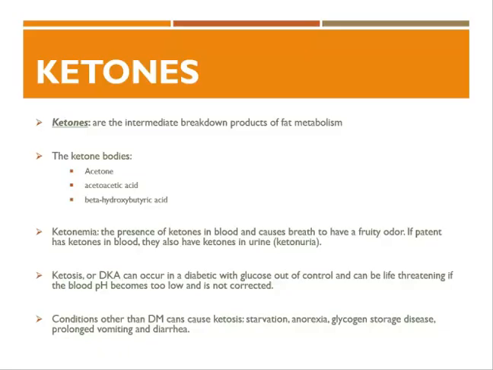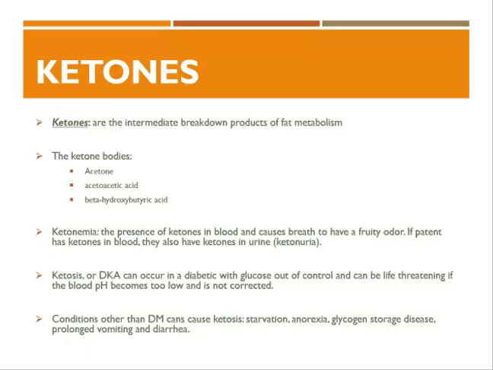Ketones is the last topic we're going to discuss. Ketones are the intermediate breakdown products of fat metabolism. We have ketonemia, which is the presence of ketones in blood that cause breath to have a fruity odor. And if patients have ketones in the blood, they also have ketones in their urine.